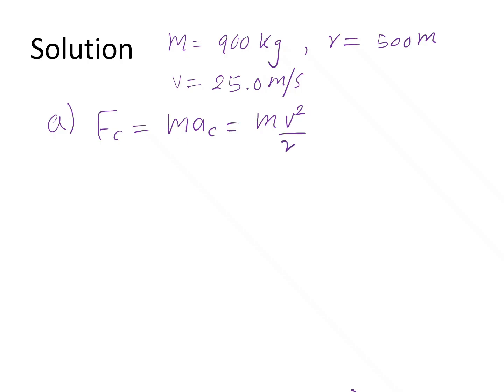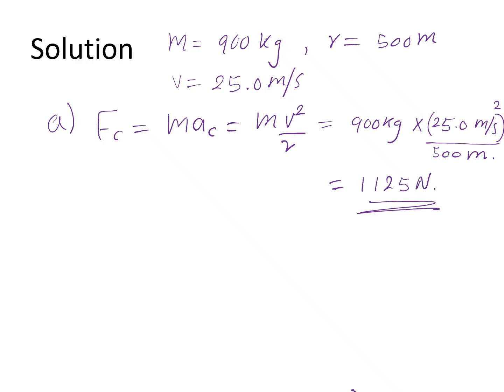Substituting the values: 900 kilograms times 25.0 meters per second, squared, divided by 500 meters, and this is equal to 1125 newtons.